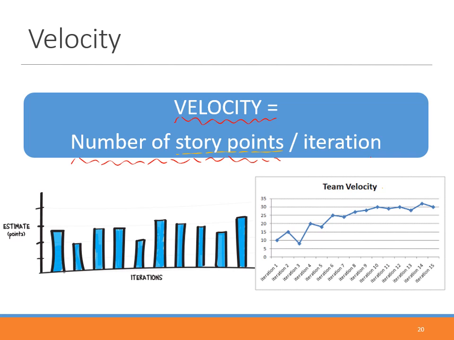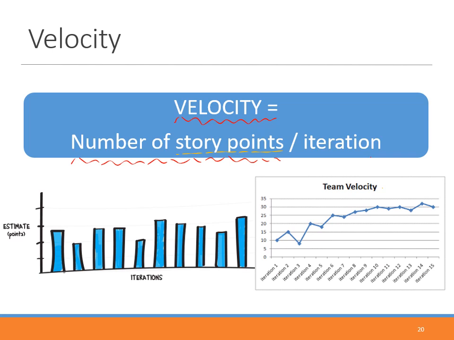Okay, so you can see here, as I already mentioned previously, that the velocity of the team may not be very stable in the very beginning, but it should move to a very stable point after a certain period of time, after the teamwork is getting well, people collaborate well, people work more efficiently, and so on.